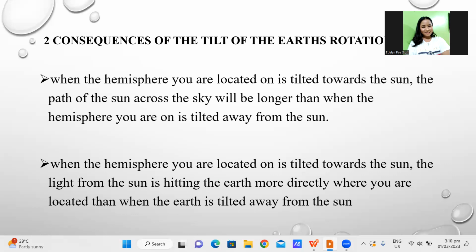So, ang ibig sabihin dito ay mas marami daw yung oras ng daylight during summer than the winter. Yun yung ibig sabihin sa first consequence.